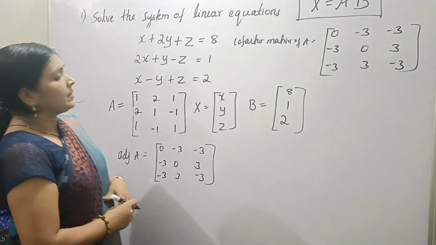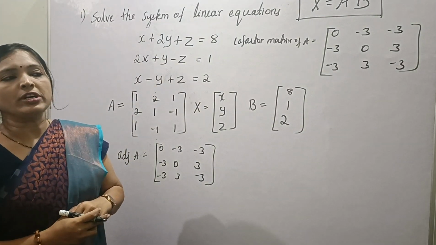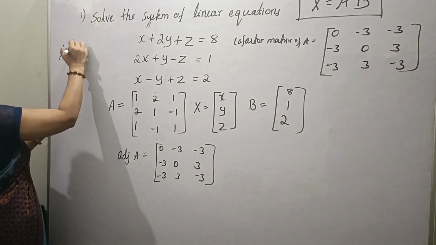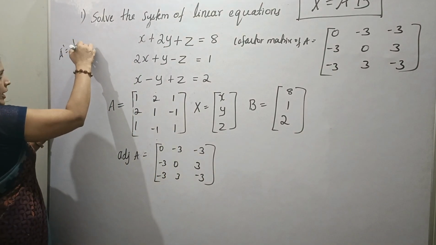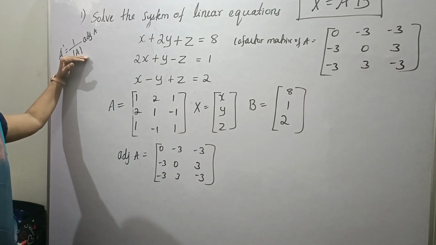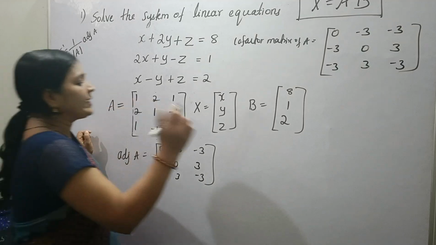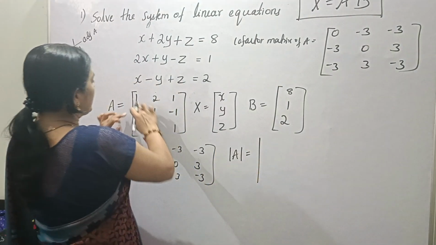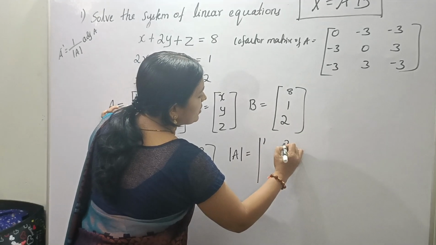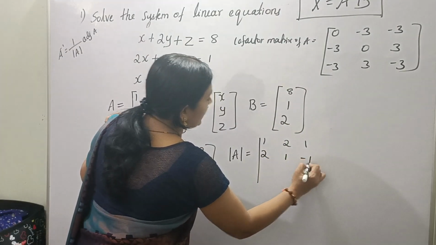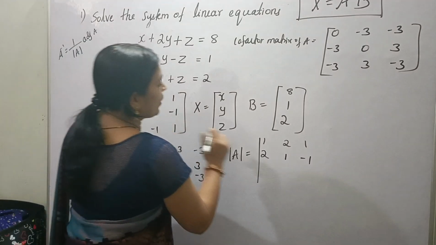Next, to find A inverse, what is the A inverse formula? A inverse is equal to 1 divided by determinant A into adj A. So here we need to find the determinant of A. The determinant of A is equal to the determinant 1, 2, 1, 2, 1, minus 1, 1, minus 1, 1.